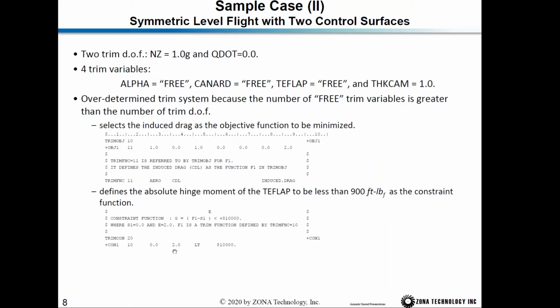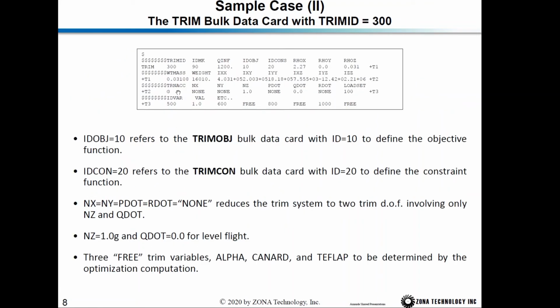And then we take the square, and so make it positive, and less than 900 squared. So this is the trim card, and then this one refers to the trim OBJ.